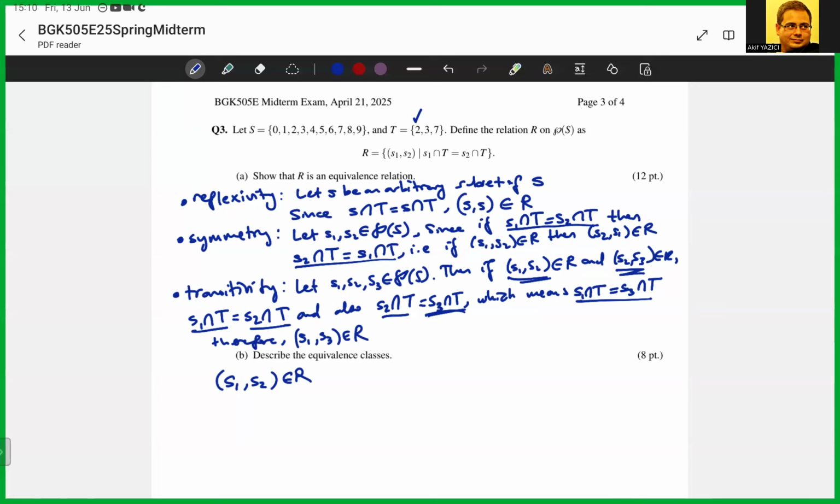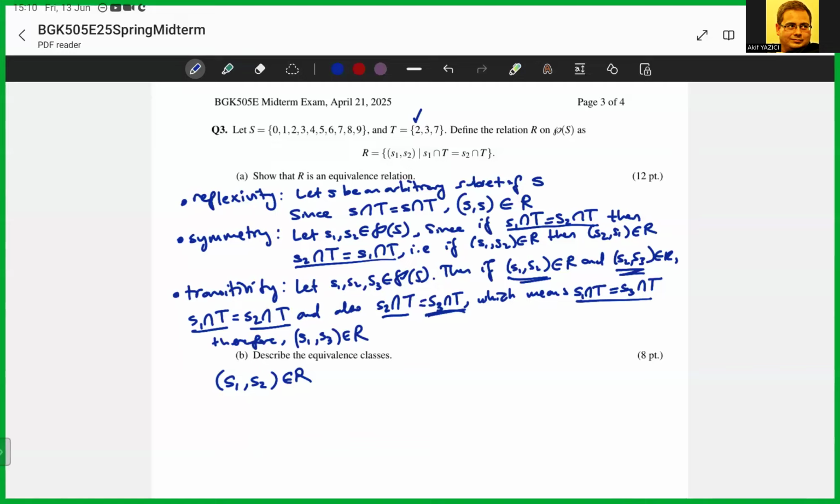So if one has 2, the other also must have 2. If one has 3, the other also must have 3. If one has 7, the other also must have 7, or vice versa. If one doesn't have 2, the other cannot have 2, and so on.